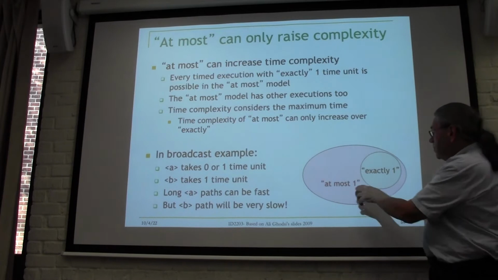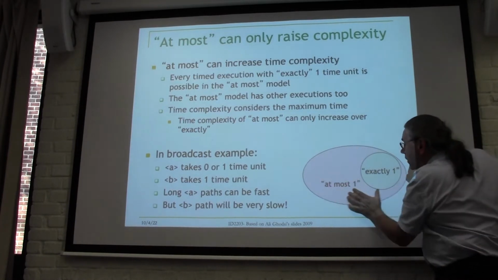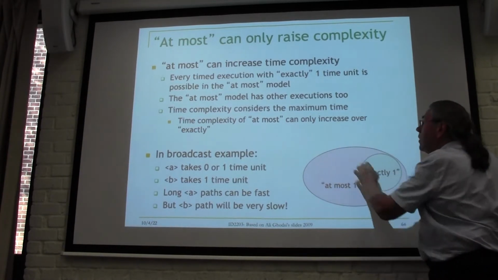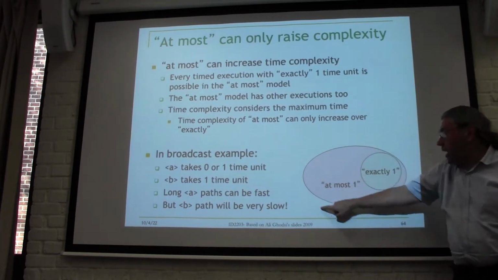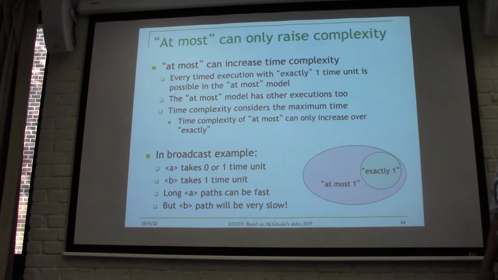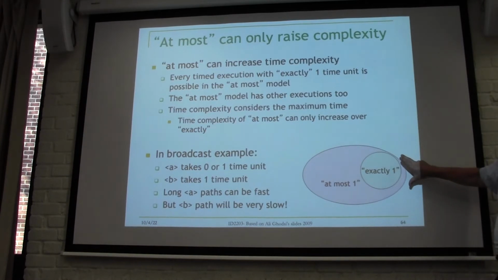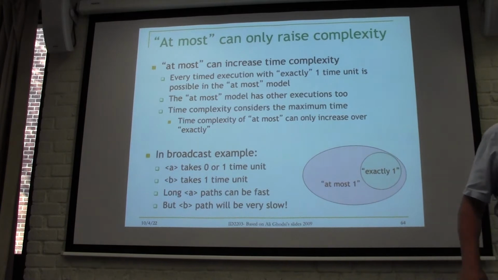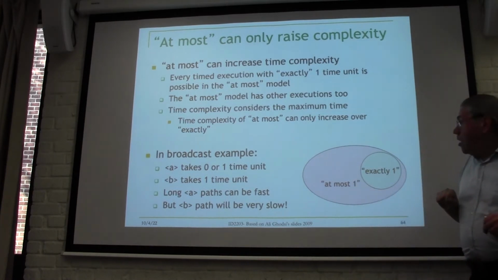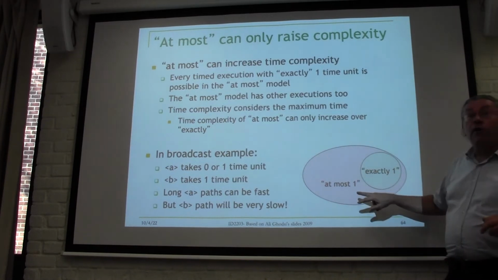And so because with the at most model we have more executions, strictly more, the time complexity of the at most model can only increase. You see that? So formally, because of these definitions, I've just shown you rigorously that the at most model can never have lower complexity.